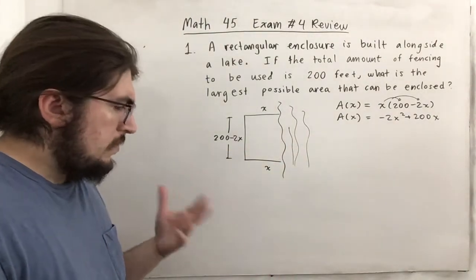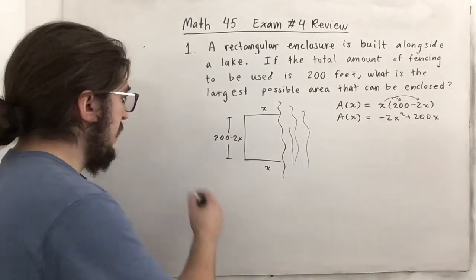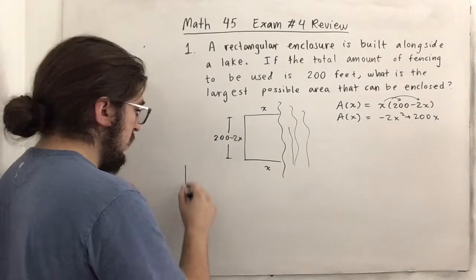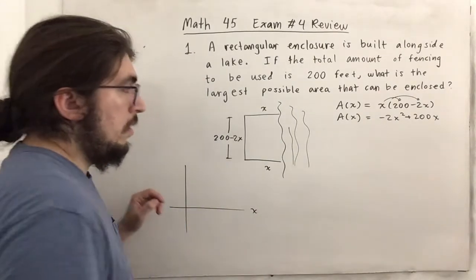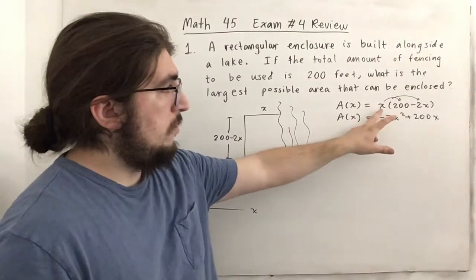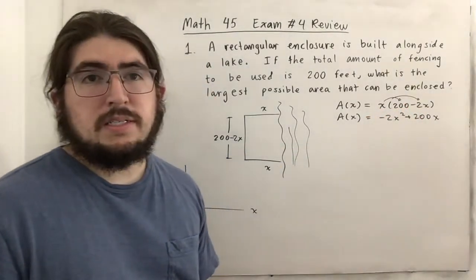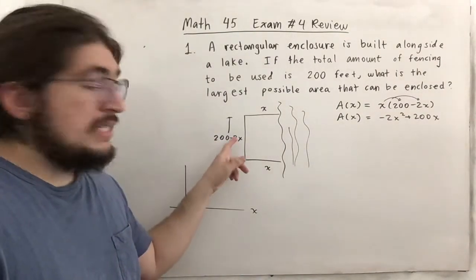Now, we can actually find out the zeros of this, and that'll kind of help graph this thing. So if you wanted to graph it like this, then the x values, well, the area is 0 either when x is 0 or when this quantity in parentheses is 0. And of course, it's 200. If 200 minus 2x is 0, that means x must be 100.